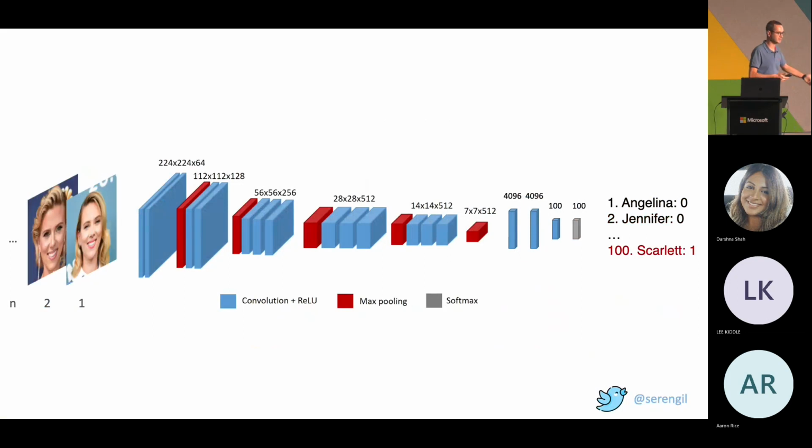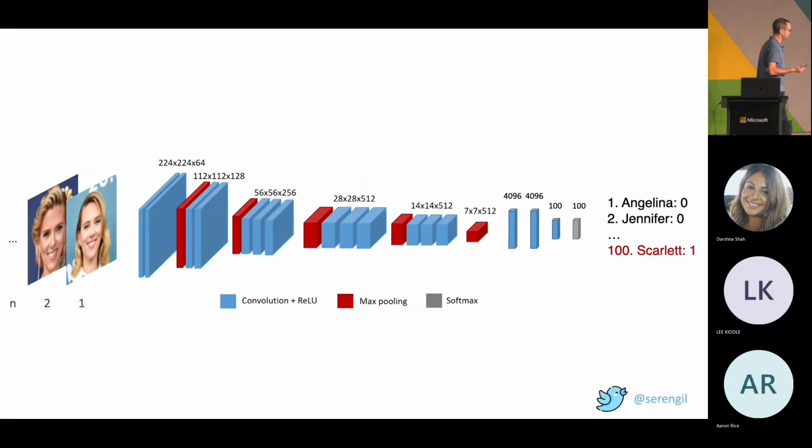And we skip all instances, and the last one is Scarlett Johansson. We feed the images for Scarlett Johansson, and we know the output for Scarlett Johansson should be 1 and the other ones should be 0. And the neural network continues to update its weights, and learning is done in that way.